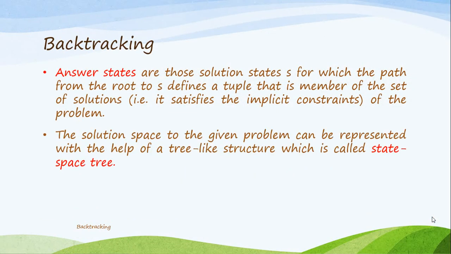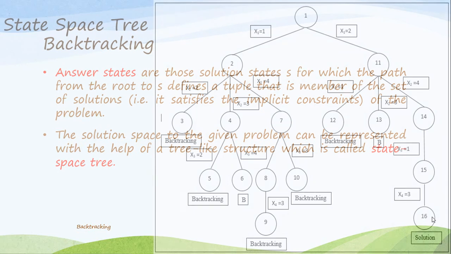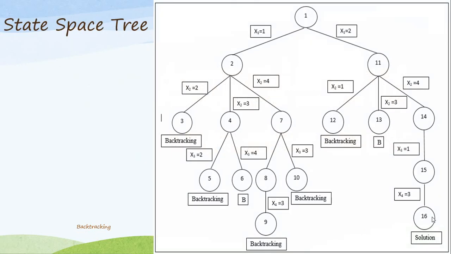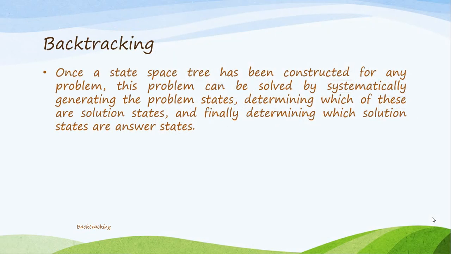The solution space of the given problem can be represented with the help of a tree-like structure which is called the state space tree. So this is called the state space tree for the 4 queens problem. Once a state space tree has been constructed for any problem, the problem can be solved by systematically generating the problem states, that is all the nodes, determining which of these are solution states, and finally determining which solution states are answer states.